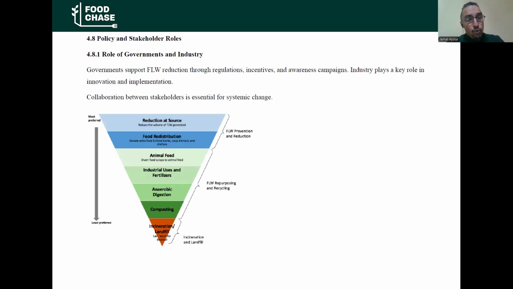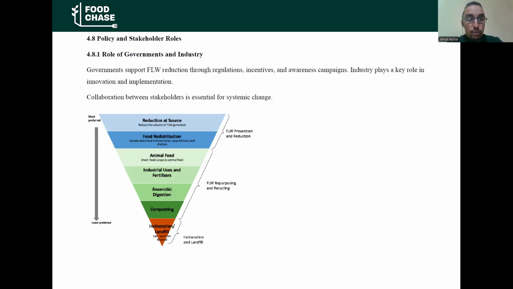About the role of government and industry, it is very essential to govern this question of food loss and waste reduction with strategies, with a political strategy approach, and with incentives and awareness campaigns.